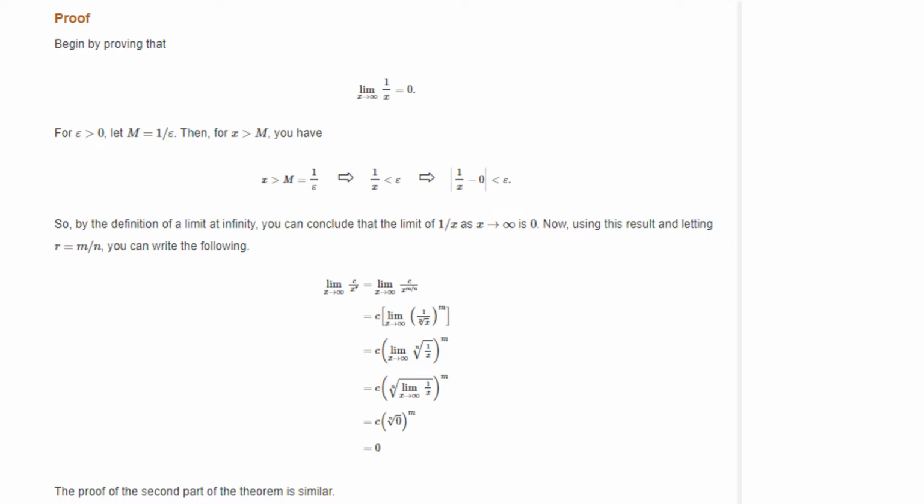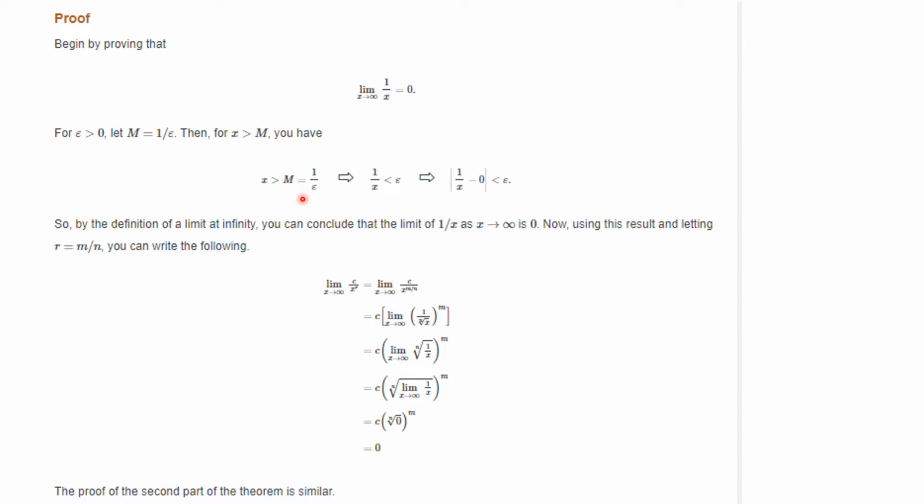And let's look at the proof of this. Okay, so we want to show that the limit as x tends to infinity of 1 over x is 0, and we're just going to start with that, because we certainly could multiply by c, and c times 0 would still be 0, so it is pretty much sufficient to prove this. So let's take epsilon greater than 0, and let M be 1 over epsilon. So if x is bigger than M, then x is bigger than M equals 1 over epsilon.